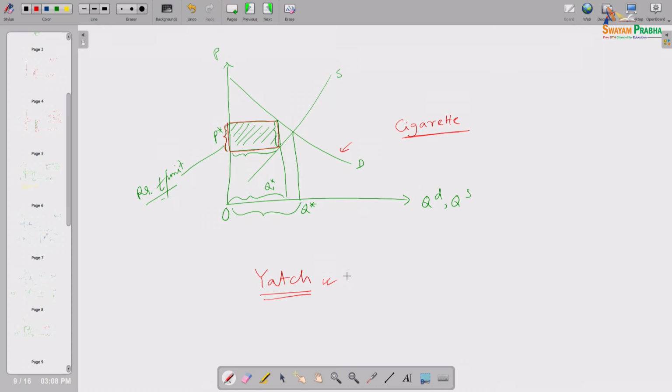Say Cristiano Ronaldo, you people have heard about him, he is a Portuguese football player, very rich, and you will see that he has maybe one or two personal yachts. These rich people usually arrange parties on the yacht, maybe in the middle of the sea.